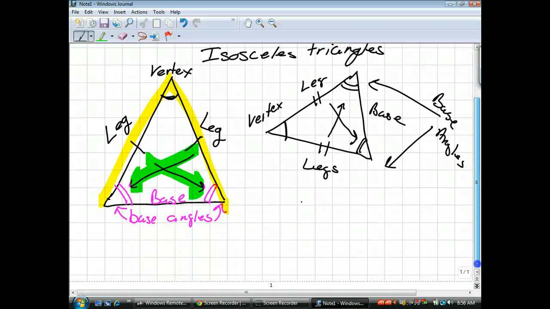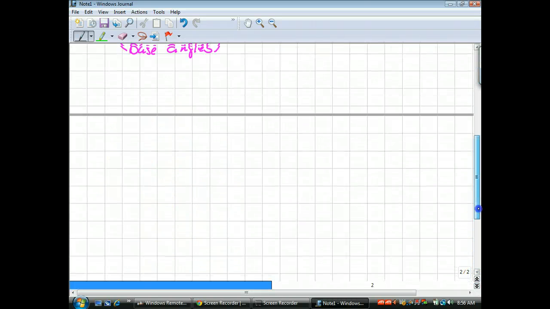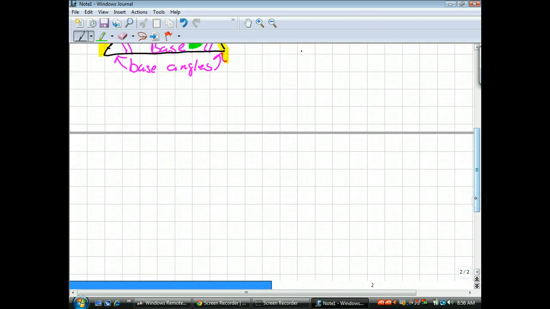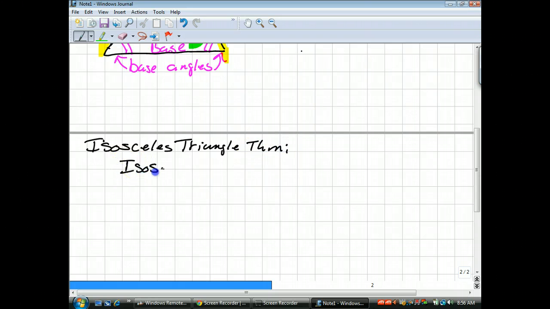All right, so our first theorem is called the isosceles triangle theorem, which you can abbreviate like this. Okay, and since it has a name, you can use the name instead of writing the whole thing out.